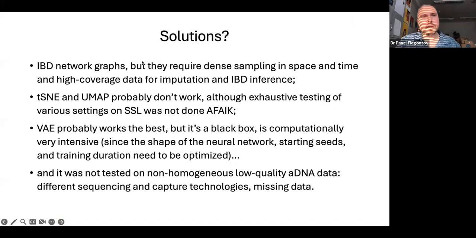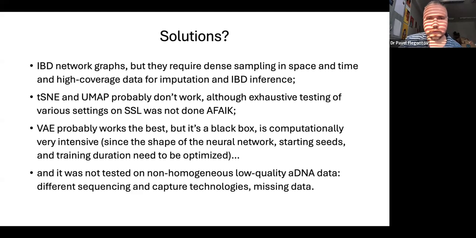So what solutions do we have? We could use IBD network graphs that I introduced, but they require dense sampling in space and time and high coverage data for imputation and IBD inference. TSNE and UMAP probably don't work, although I don't know of any exhaustive testing of their settings on landscapes. And autoencoders probably work the best, but it's a black box. It's computationally very intensive.